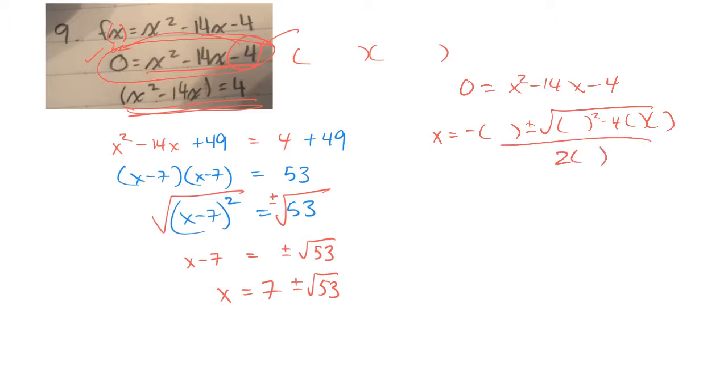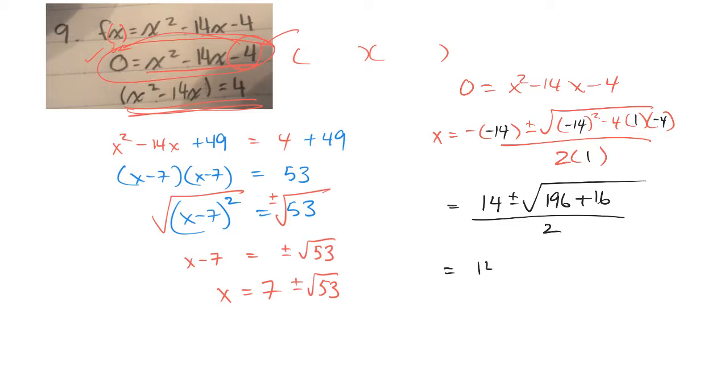So b is -14, a is 1, and c is -4. So it would be a positive 14 plus or minus the square root of 14 squared, 196 I think, 4 times 4 is 16, and it's going to be a positive 16, all over 2.